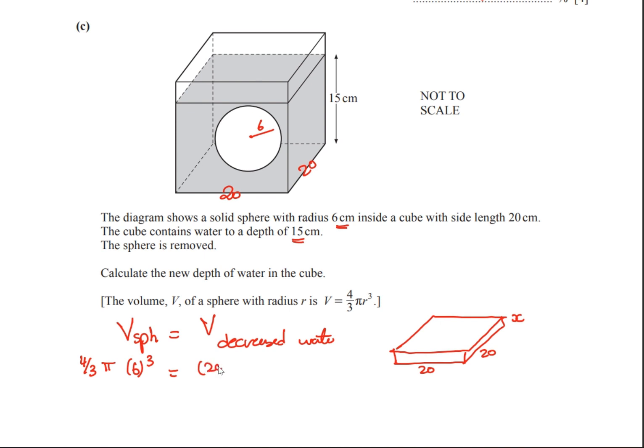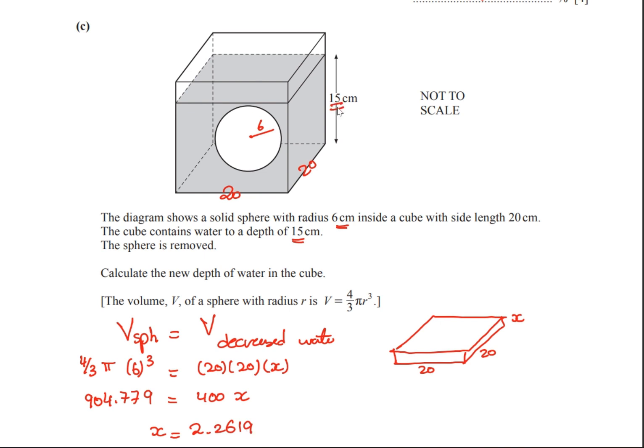So it will be 20 multiplied by 20, length multiplied by width multiplied by height x. If you calculate 4 over 3 pi 6 cubed, it will be 904.779 equals 400x. So from here you can get x equals 2.2619. But take care, this is not the new depth.